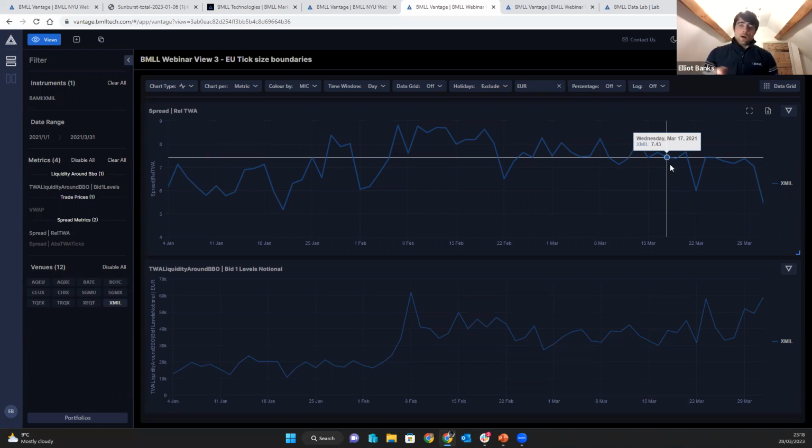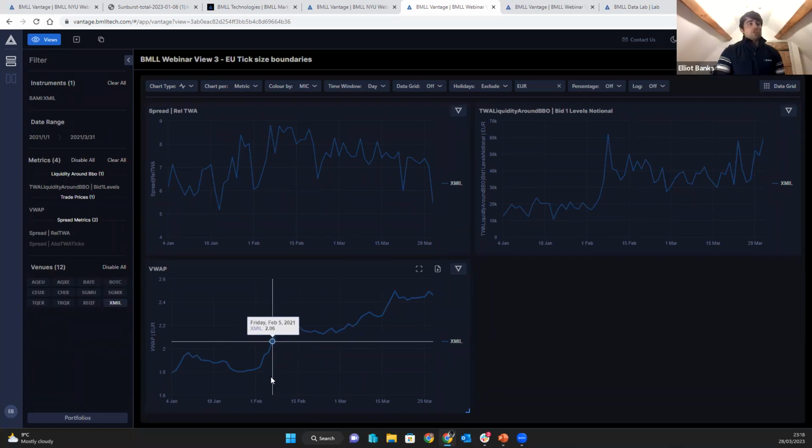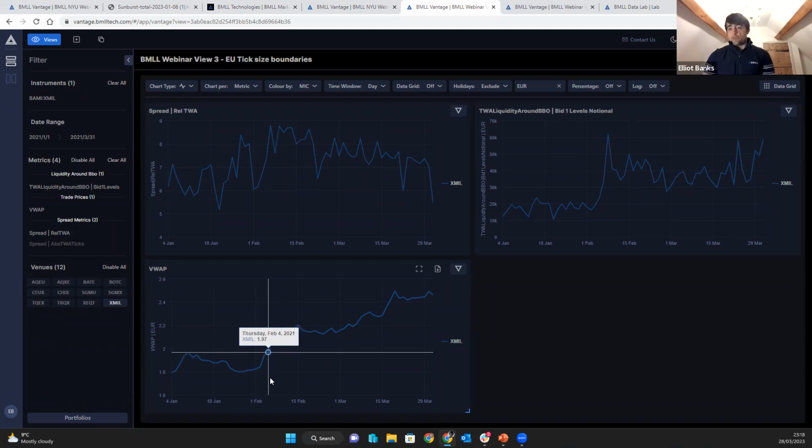So the answer lies in this dynamic tick pricing. So let's get the price up. And what we can see is this jump occurs between the 4th and the 8th of February. Over the 4th to 8th of February, the share price crossed from under €2 to over €2.